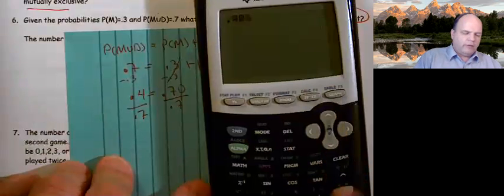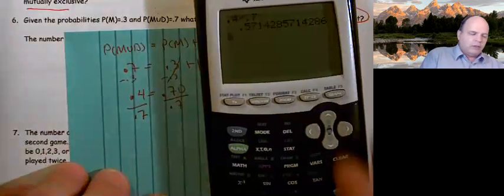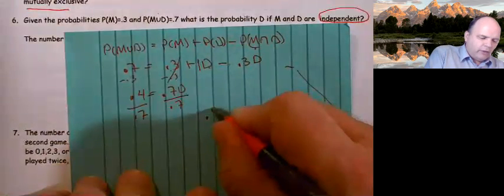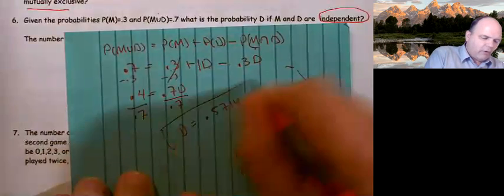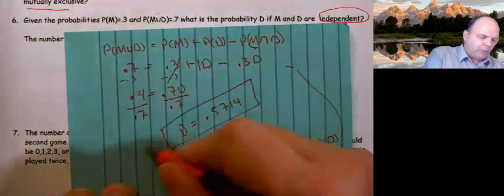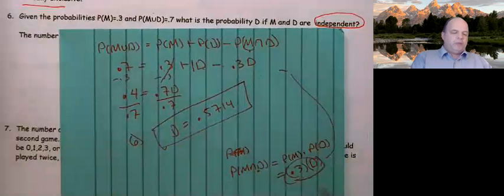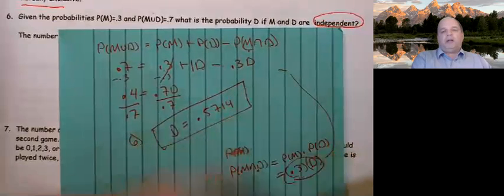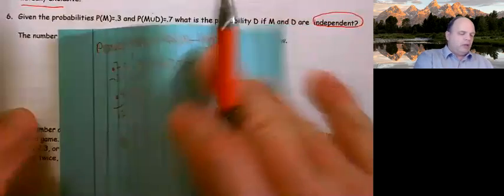And 0.4 divided by 0.7 equals 0.5714. All right, so the answer is 0.5714. D equals that, and that is for problem number 6. Please remember, because they were independent, I could multiply. If they hadn't been independent, I couldn't multiply and we would have been stuck. So that's number 6.